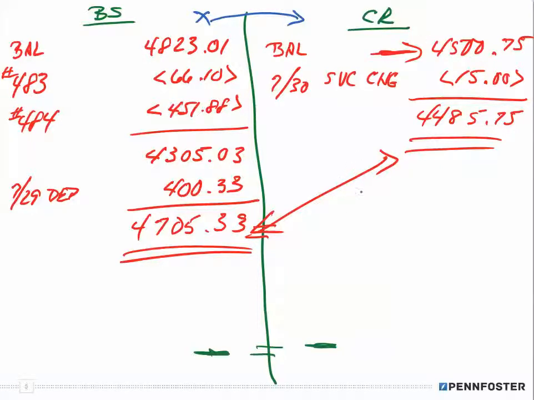So I literally have to go back and find my mistakes. And I know that the beginning balance was $4,720.33. So now when I did the math, 4705.33, and I'm reconciled, it balances, and I'm done with the reconciliation.